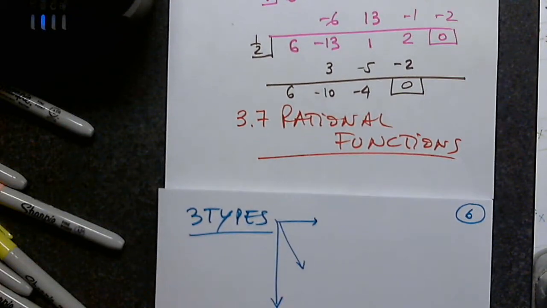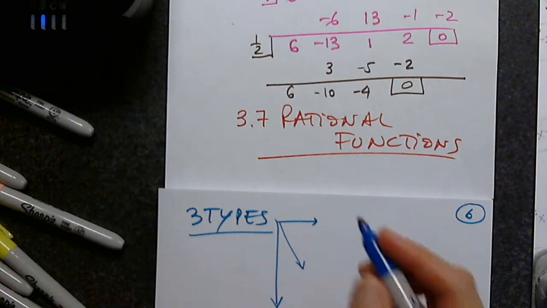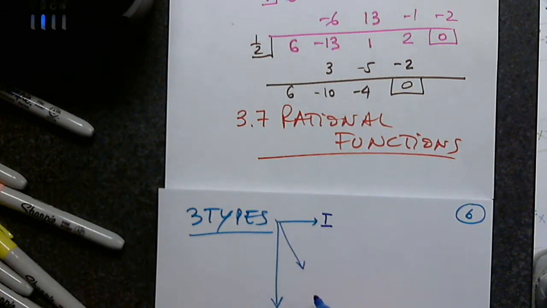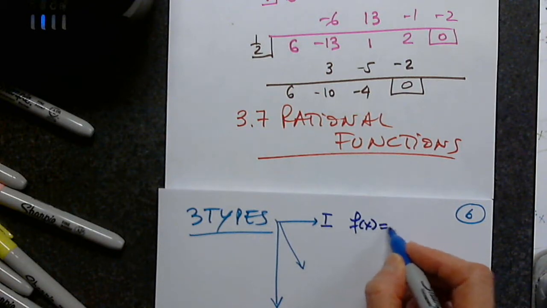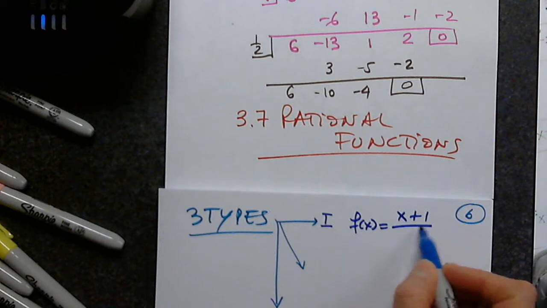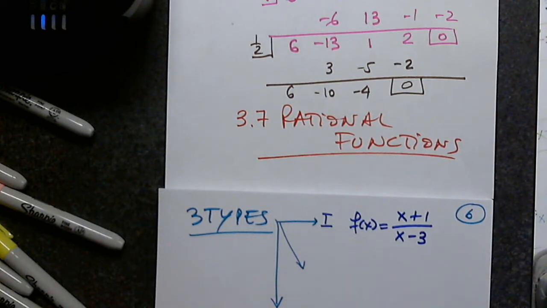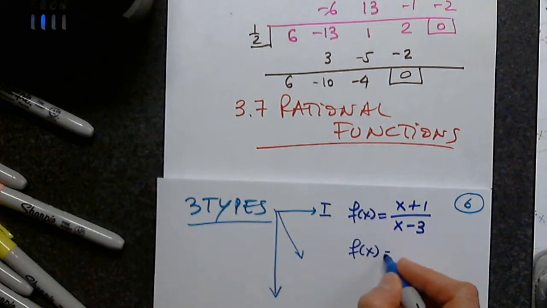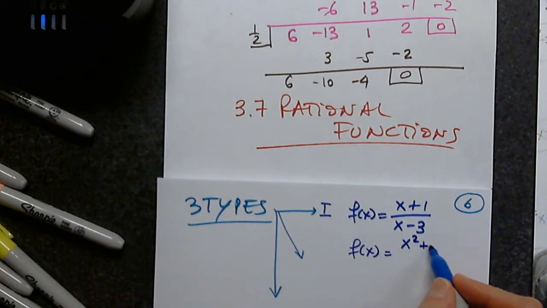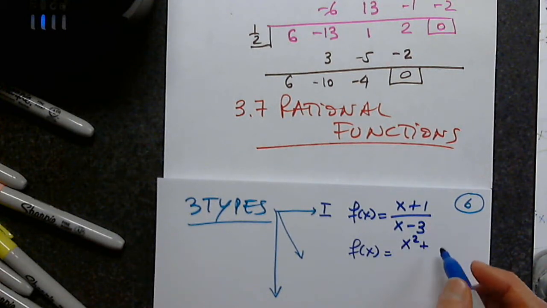Nobody calls them that, but I have to give them a name so we can differentiate among the 3. So type 1. I'm going to give you a few examples, and then I'm going to ask you something. Here's one. Here's another. This is type 1.